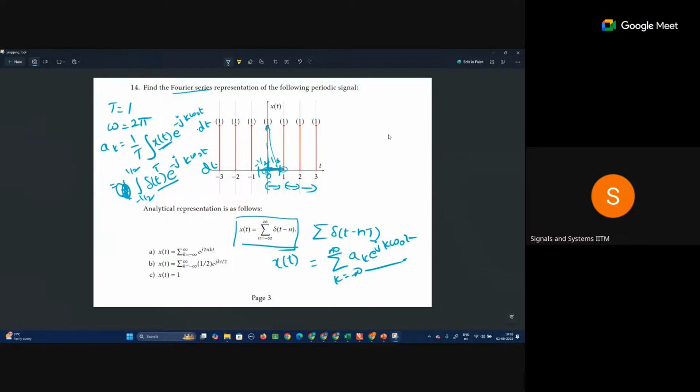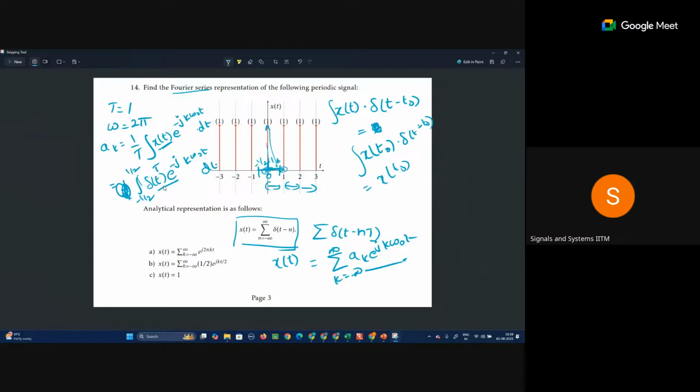Because if you multiply x of t with delta of t minus t naught, we'll be getting x of t naught into delta of t minus t naught. If there is an integral over here, then it will be x of t naught.